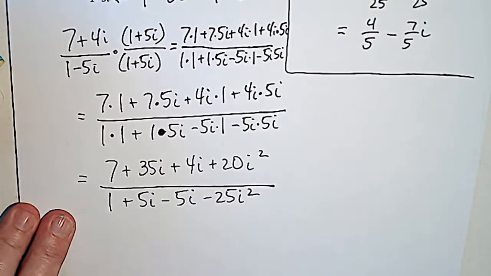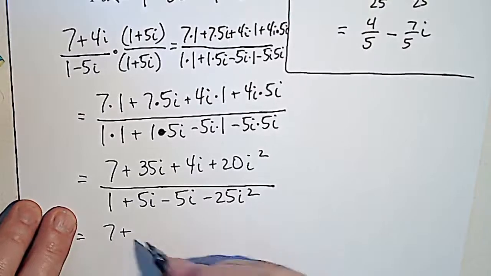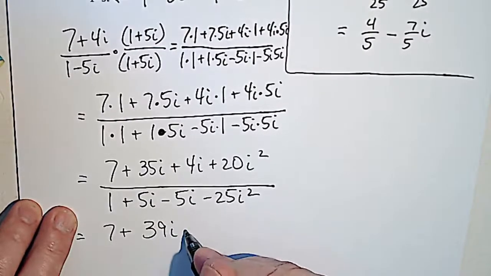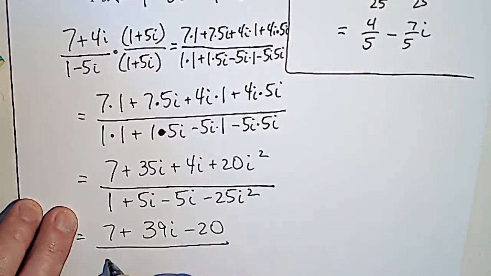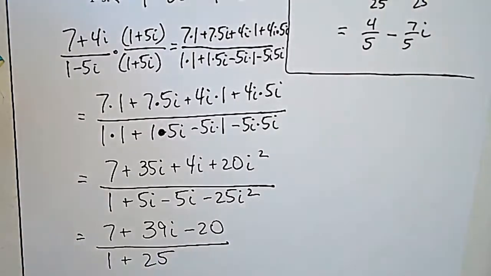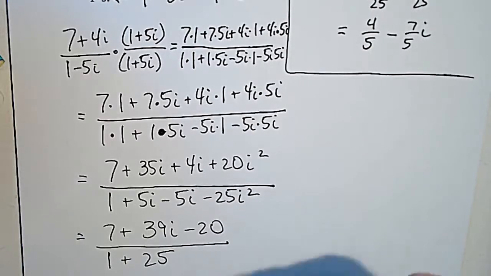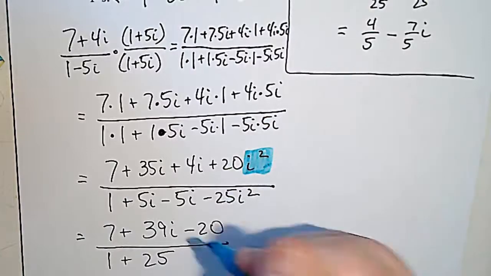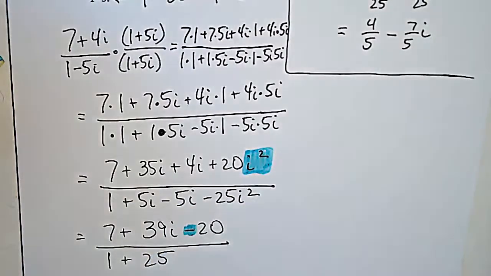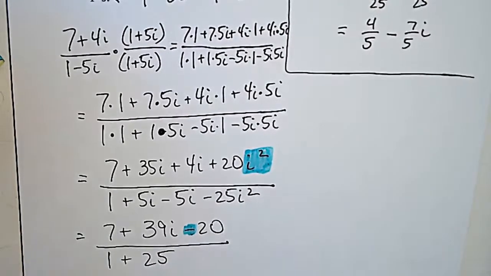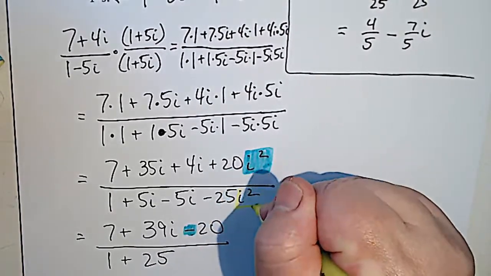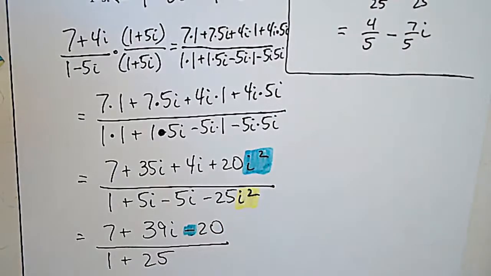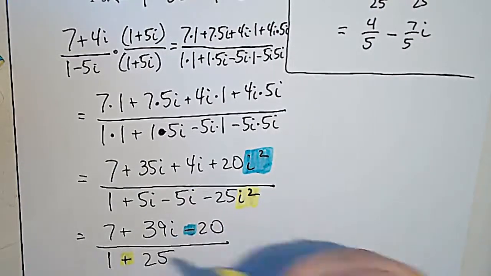They're real. So this i squared right here turns into that minus sign. And this i squared right here turns into this plus.